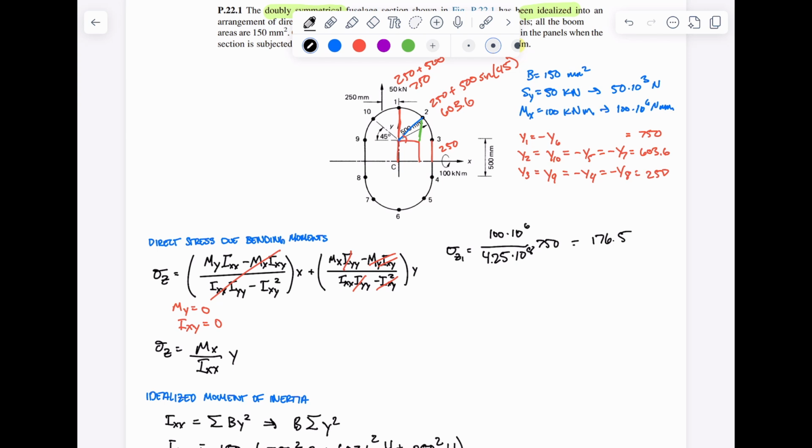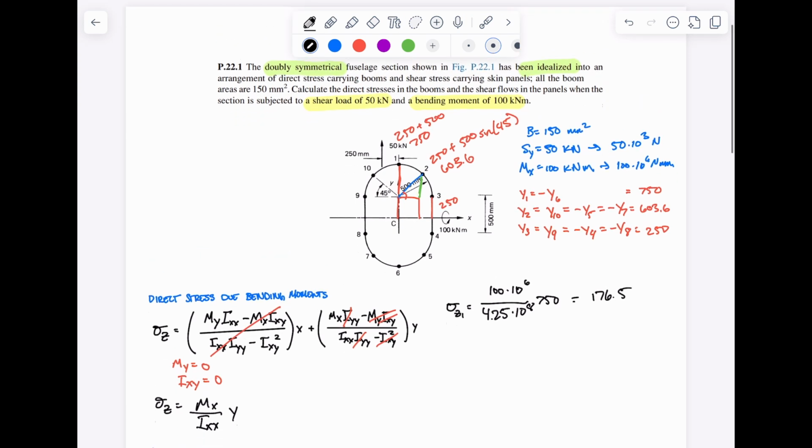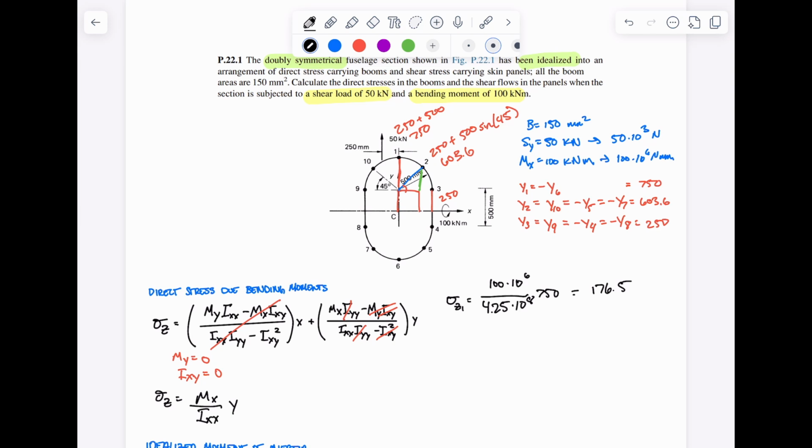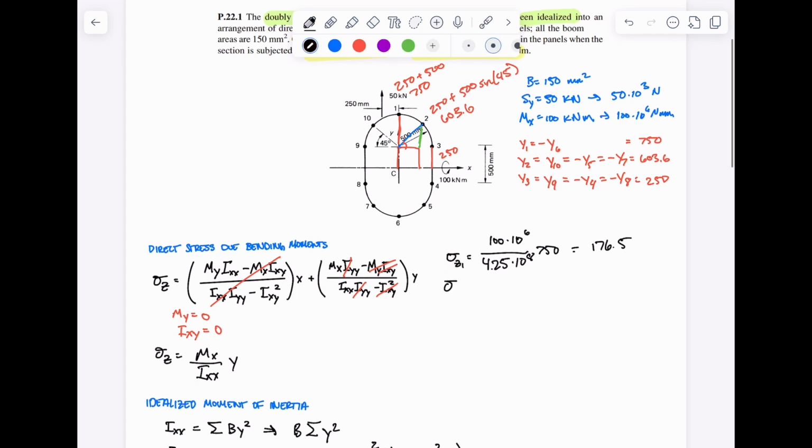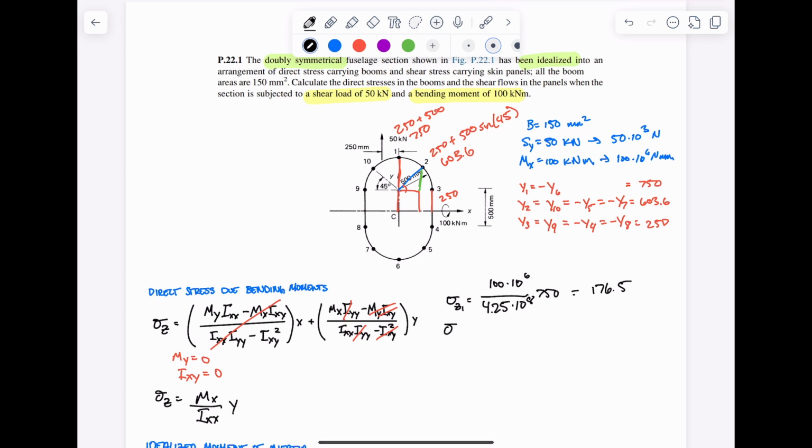So we found the direct stress in boom 1. And because of symmetry and what we wrote down here, we know that the direct stress of boom 6 is equal to the negative of boom 1, which is 176.5.